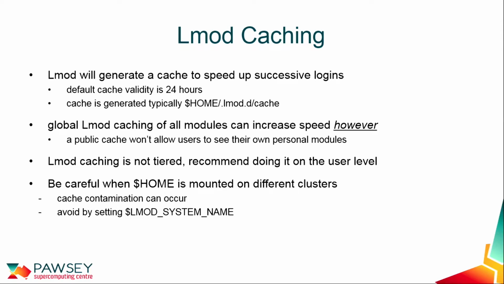And you may have another system which is traditionally either CentOS or Red Hat Enterprise, which is a different cluster. So let's say that person logs onto the Cray, and for whatever reason, it takes forever, it generates a cache. And that cache is valid for 24 hours. Then you log into the other system, which is CentOS, within 12 hours. And if you have the same modules available, which you traditionally would, like fast Fourier transform, something, right? It's just going to load a module, but it's just going to segfault when you run it, as it's a Cray build.